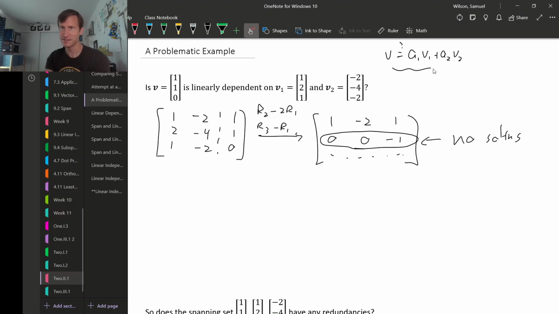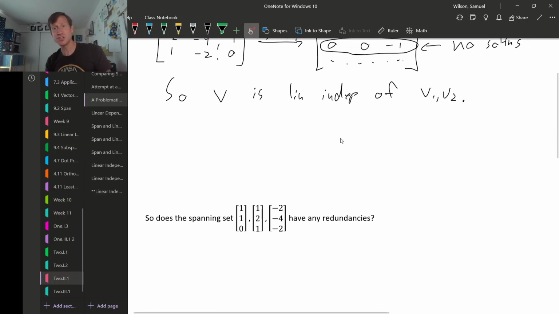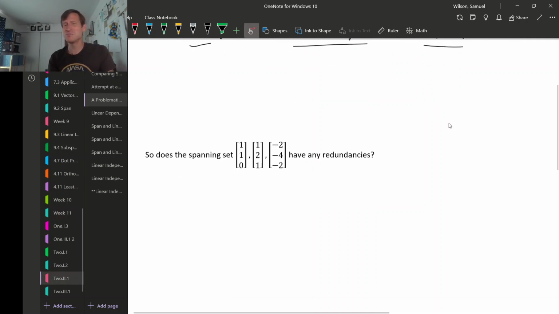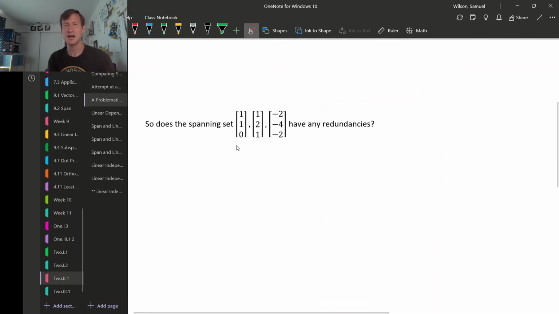to this. So that means v is linearly independent of v1 and v2. All right. So, if our definition for linear dependence really captures what we wanted to express about redundancies, then since v is linearly independent of v1 and v2, that should mean that this spanning set doesn't have any redundancies.